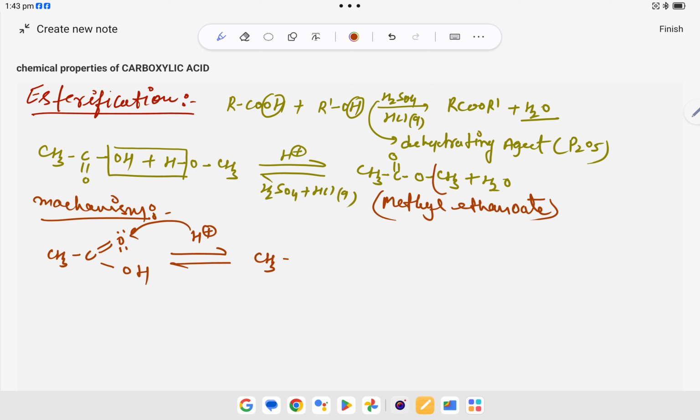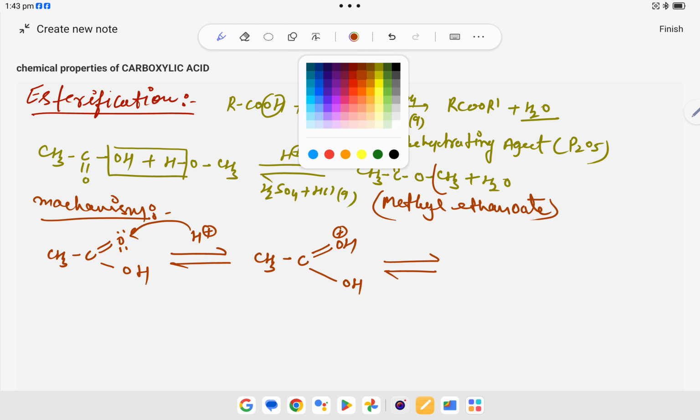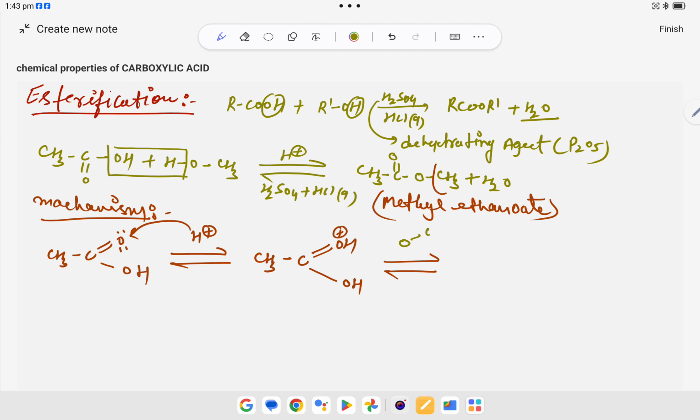So now we are having CH3 C double bond OH, the oxygen having a positive sign because it accepted H plus, and here one more OH. Now we will use another unit of the reaction, CH3OH, sorry, methanol, with lone pair. Here these electrons shift to the oxygen. This carbon gets a positive charge, then OH will attach to the carbon.